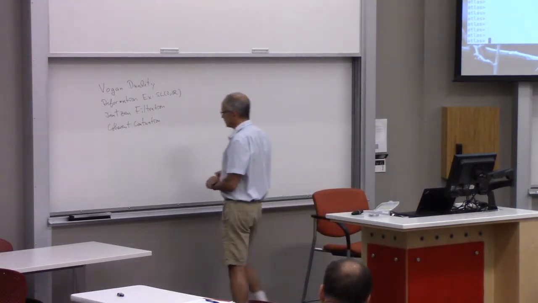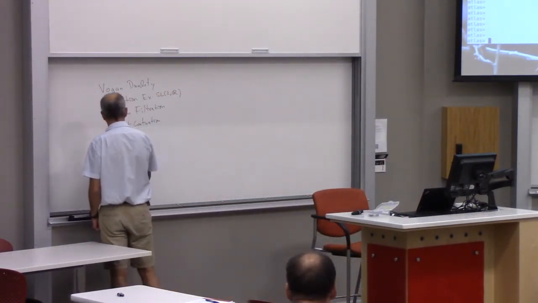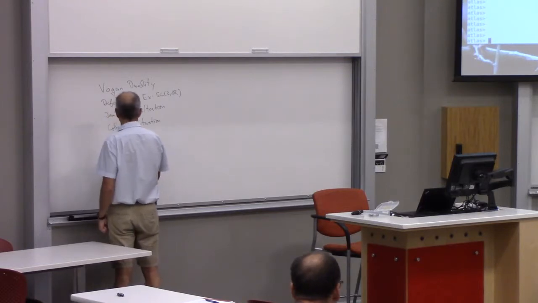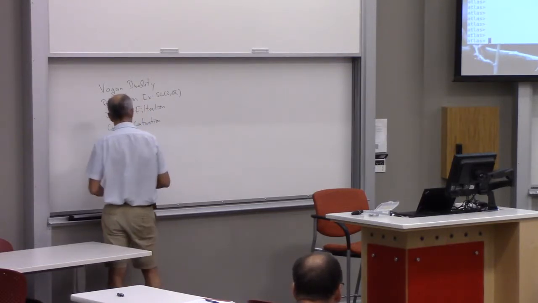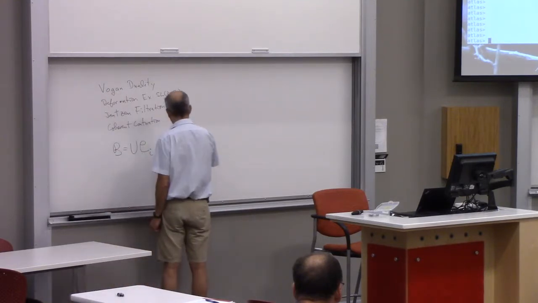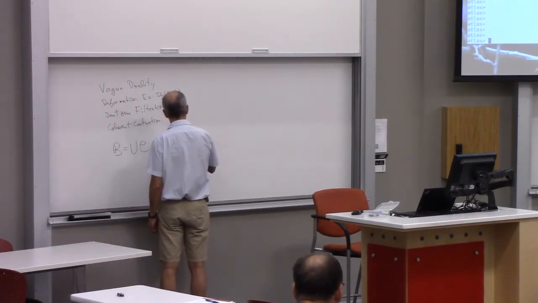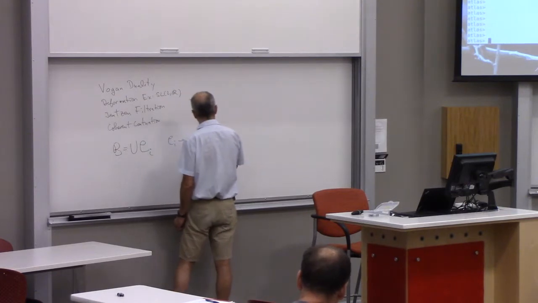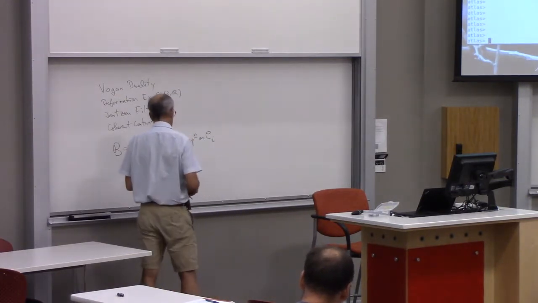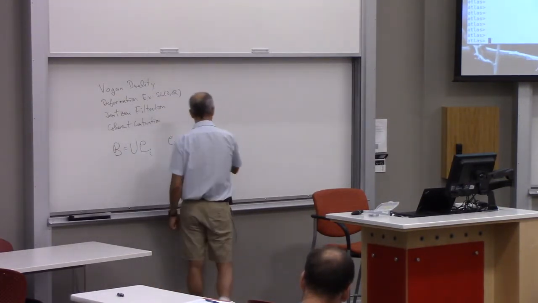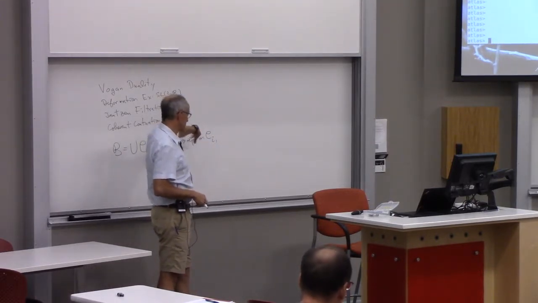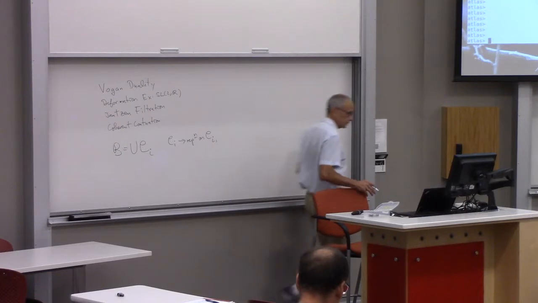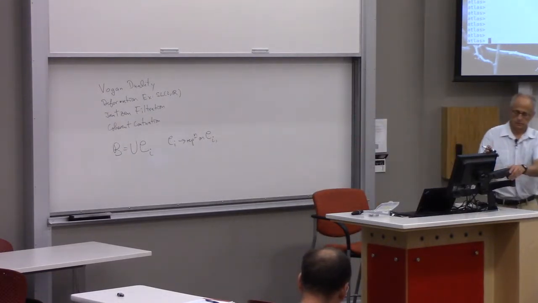So suppose you have a block and you write it as a disjoint union of cells, and each cell goes to a representation on that cell. And I said that you can compute the matrix, the action of a simple reflection on that.